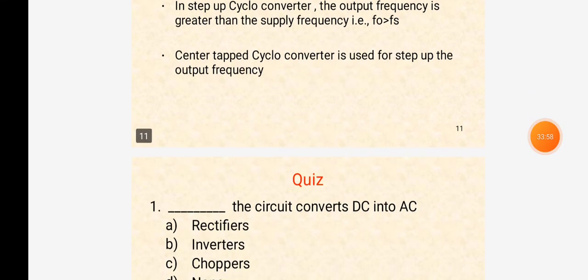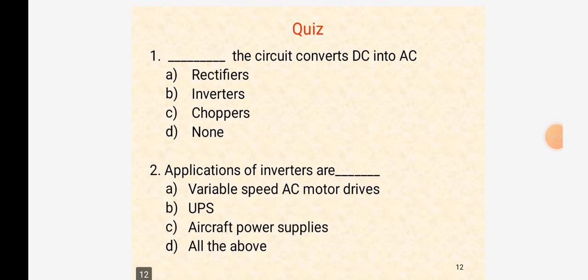And also we have a few quiz questions. The circuit that converts DC to AC is the inverter. The applications of inverters are variable speed AC motor drives, UPS, and aircraft power supplies.